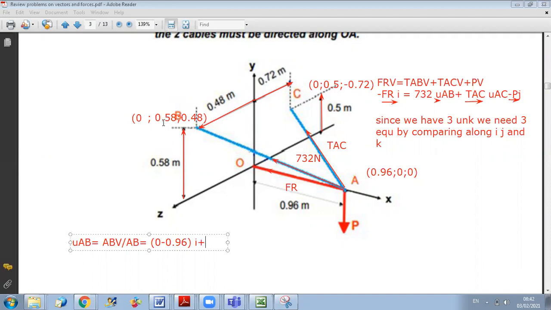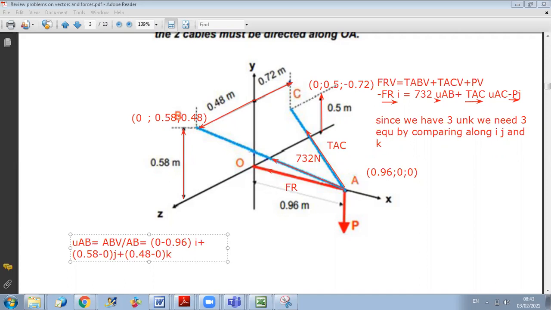I have 0.58 minus 0, so it's plus 0.58 minus 0 along j. And along k, I have 0.48 minus 0, so plus 0.48 minus 0 along k.